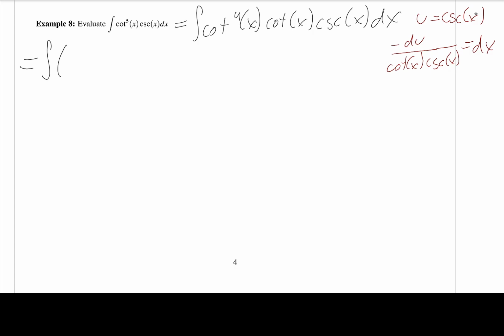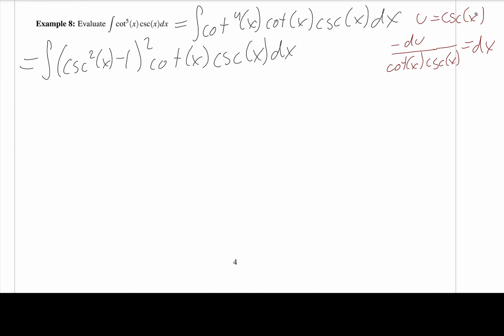So cotangent squared of x is the same thing as cosecant squared of x minus 1. And we square this, because this is technically cotangent squared of x squared, so that we get that power of 4. And then we'll have our cotangent of x, and then our cosecant of x dx.